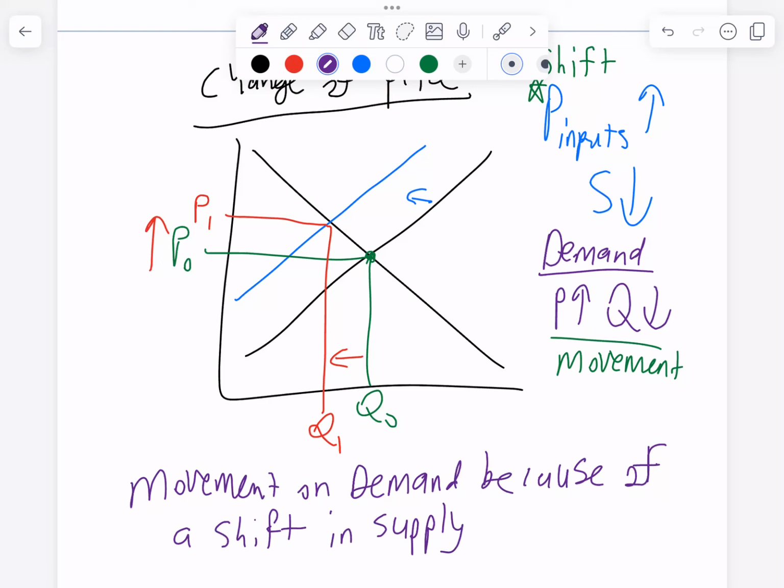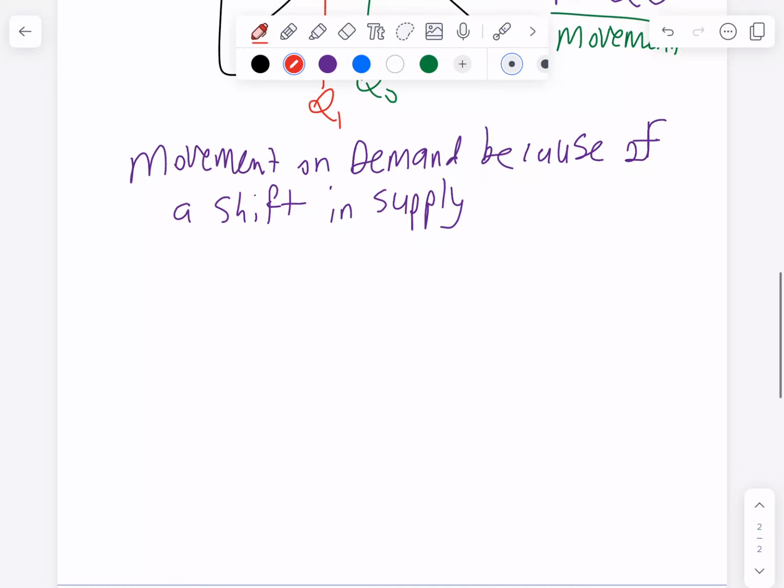Okay, that's what's happening here, right? The supply shifted, and so you had a movement on the demand curve. You moved from here to here. That's your movement.